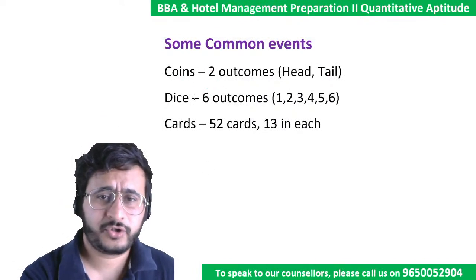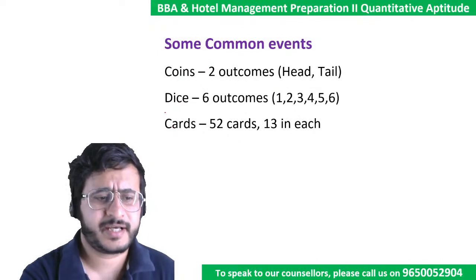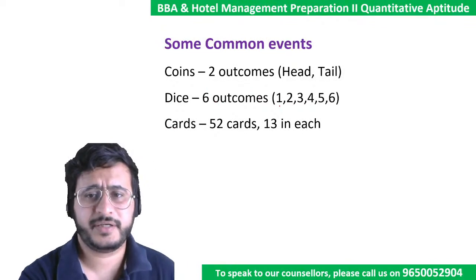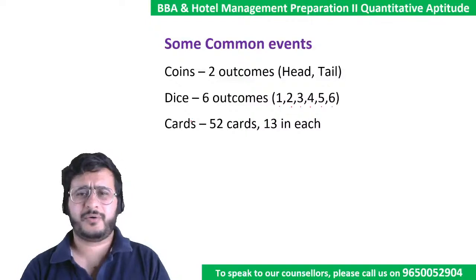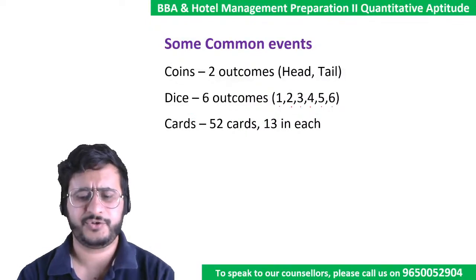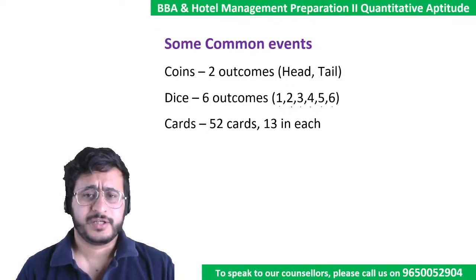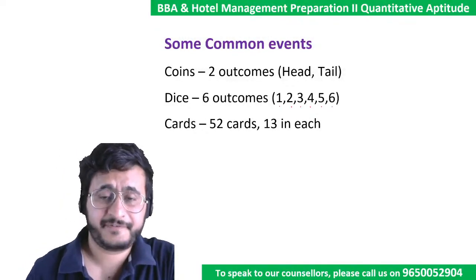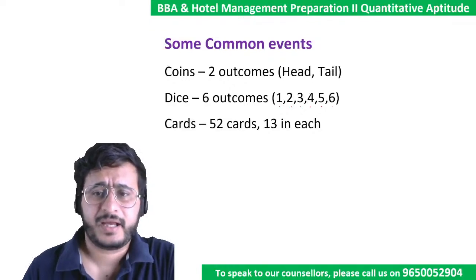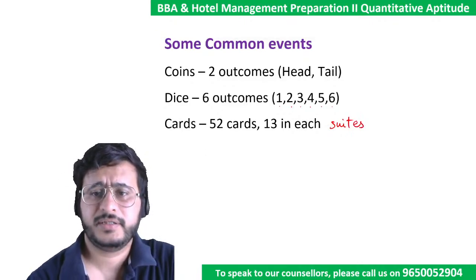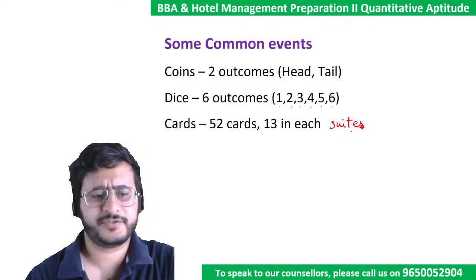Now talking about dice, how many outcomes does a dice have? A dice will have 6 outcomes, right? Either you get 1, 2, 3, 4, 5 or 6. Another common event that is generally taught and asked is of cards. There are 52 cards in a pack and there are 4 suits, and you have 13 in each of the suits.